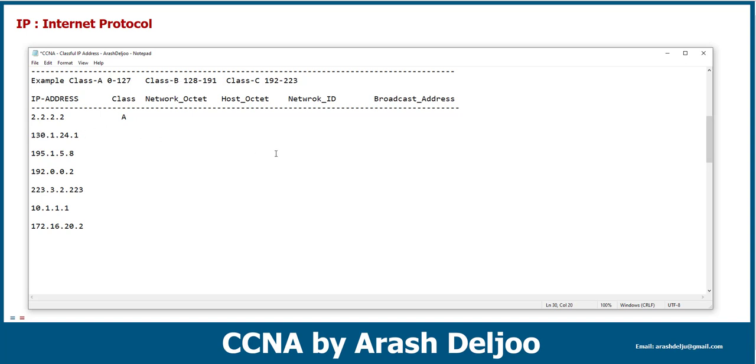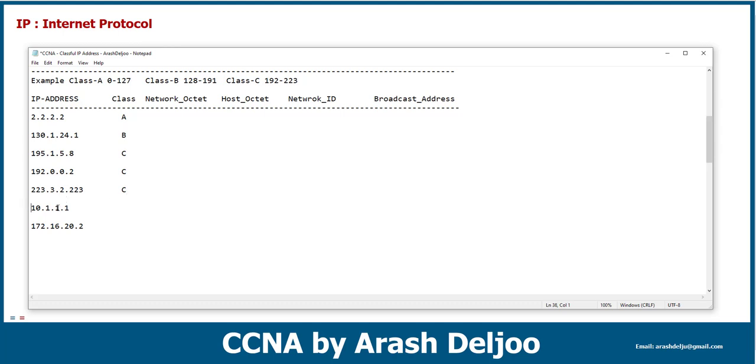Because of that, this is a class B IP address. 195 is residing in class C, as you can see. Let me write here C. After that, 192, again this is in the range of class C. Let me use class C. Then 223, also this is a class C IP address.